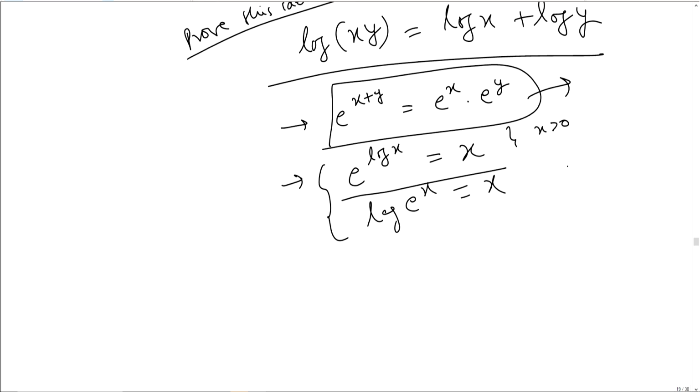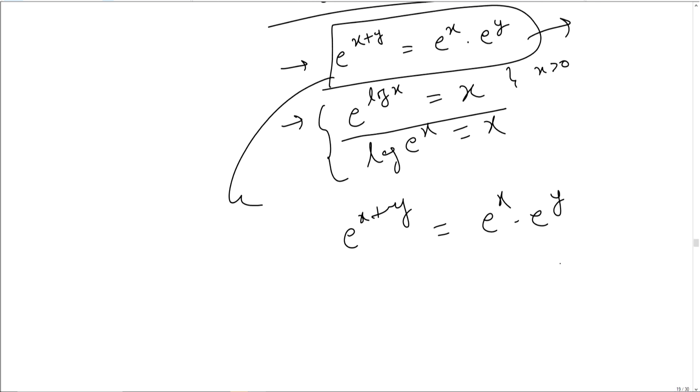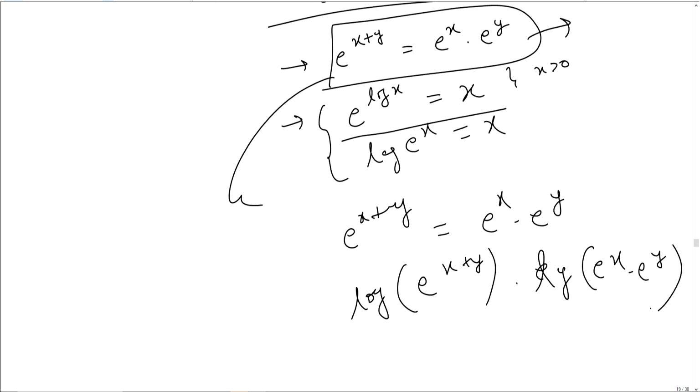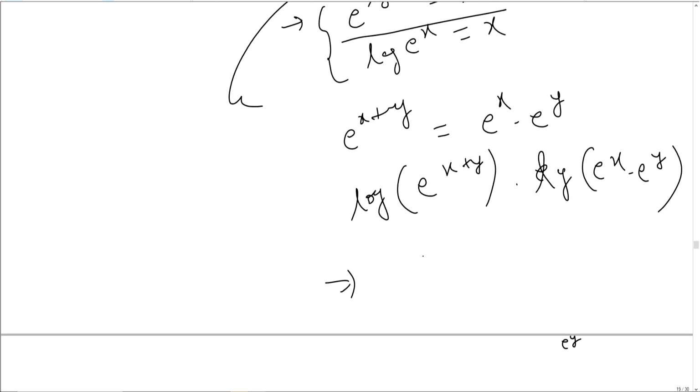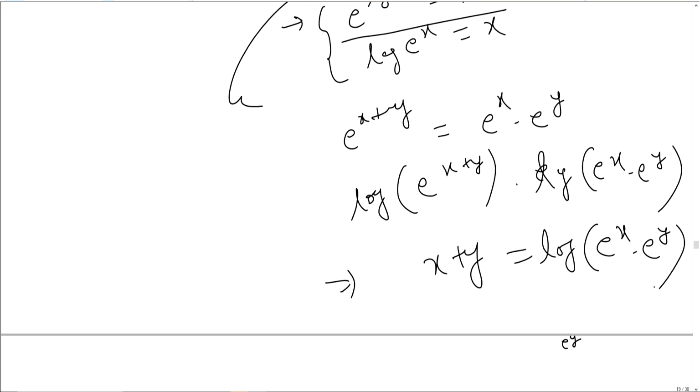If you directly start with this identity on exponents, e to the power x plus y equals e to the power x into e to the power y, and take log on both sides, which you can do, no problem in that, you only reach x plus y equals log of e to the power x into e to the power y.